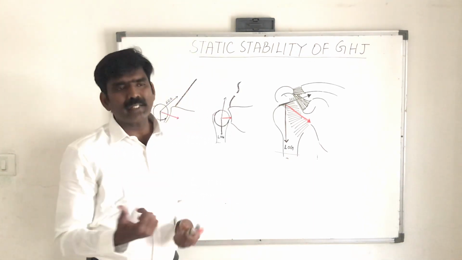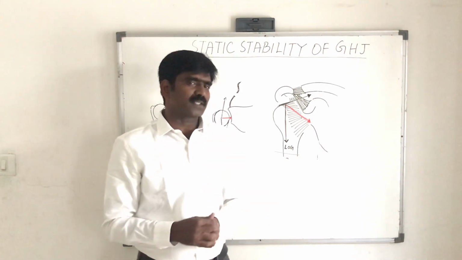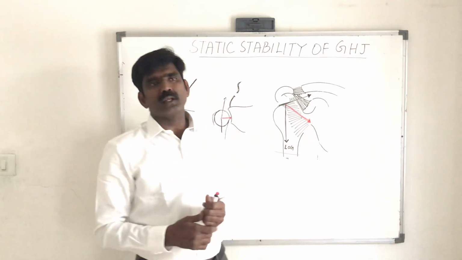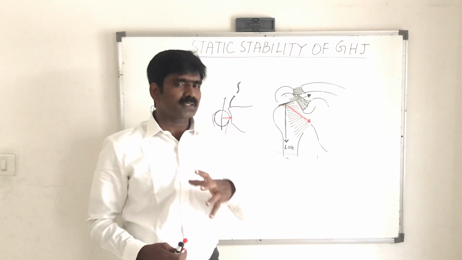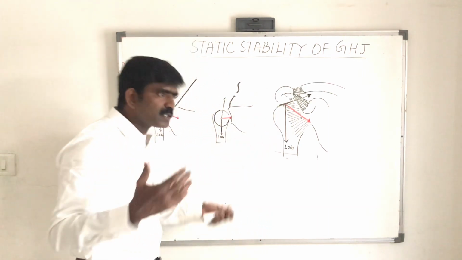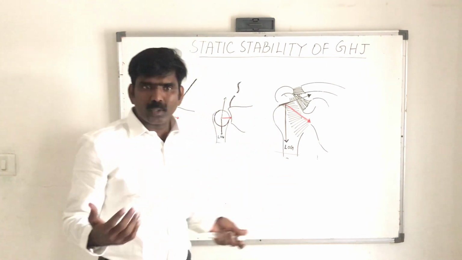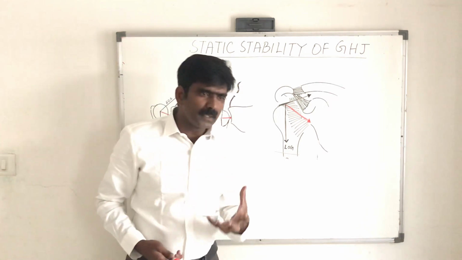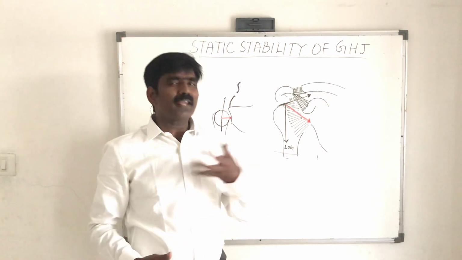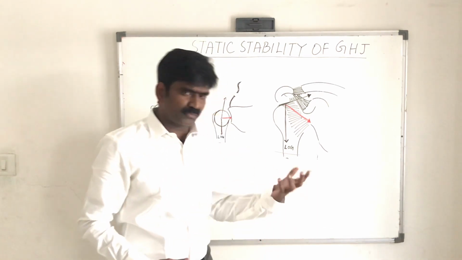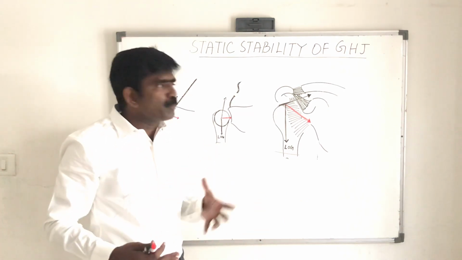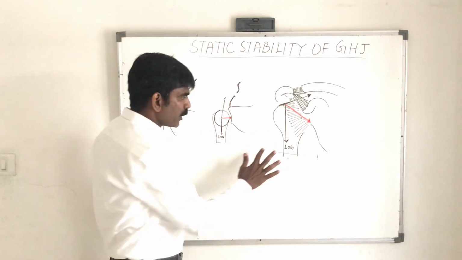The glenohumeral joint has more mobility and less stability because the joint is incongruent, and the hip joint is more stable and less mobile. Clear? So in this glenohumeral joint, because the joint is incongruent, the bony stability alone is not enough to maintain the static stability. So some other forces are required to maintain the static stability. That we are going to discuss.